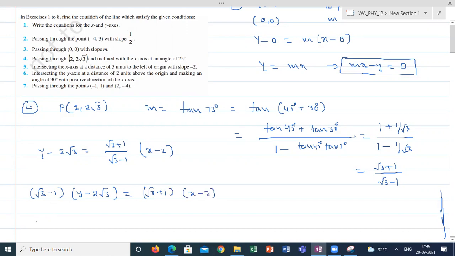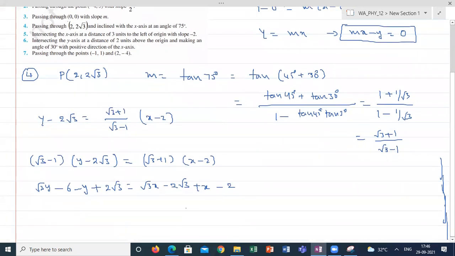Multiplying: root 3 y minus 2 into 3 is 6, minus y, minus of minus plus 2 root 3. It will be equal to root 3 x minus 2 root 3 plus x minus 2. Do you agree, students? Is it clear?